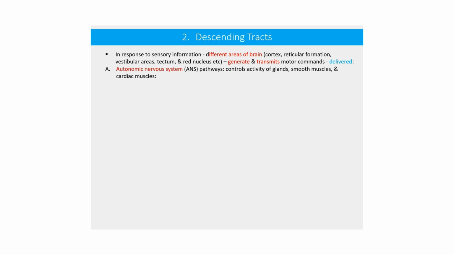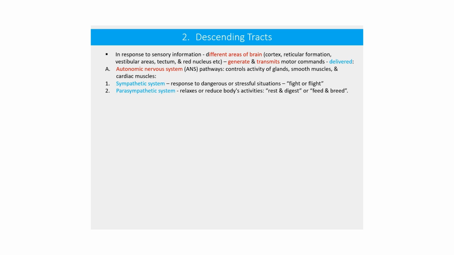The first one is the autonomic nervous system pathways, which control activity of the glands, smooth muscles, and cardiac muscle, and is further divided into two subgroups. First one is the sympathetic system tracts, which are responsible for the response to dangerous or stressful situations in the shape of fight or flight.